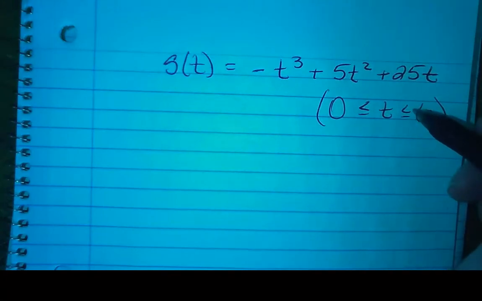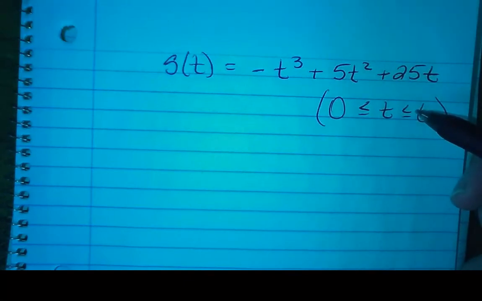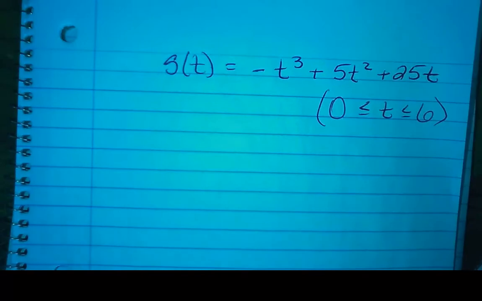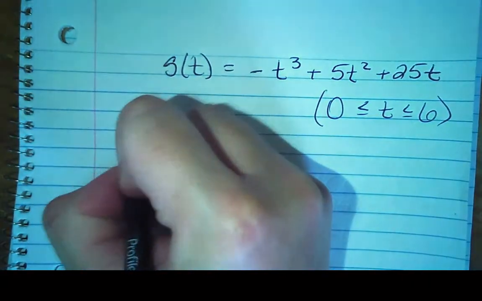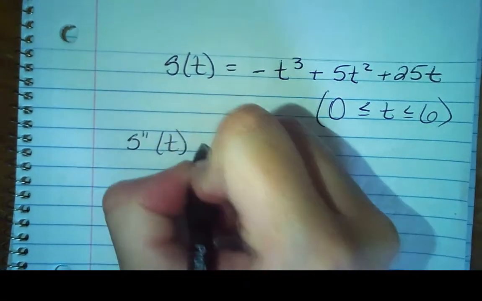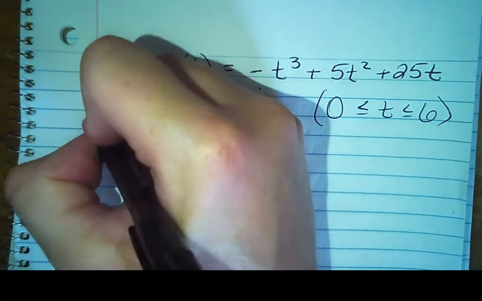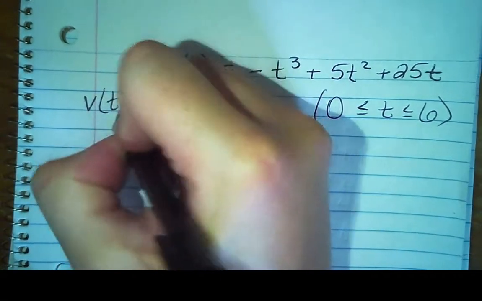It says, please find a general expression for the car's acceleration at any time in this process. So it flat out tells you, please find a second derivative. Well, I have to find a first derivative first. My first derivative is going to be velocity.